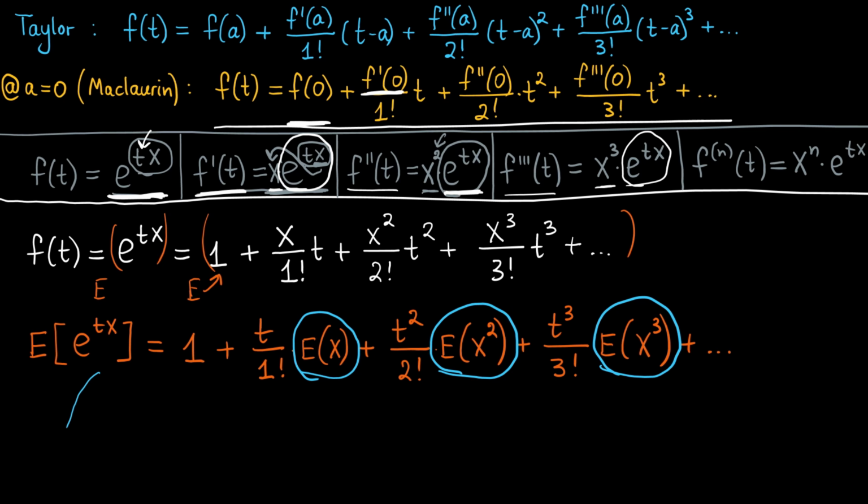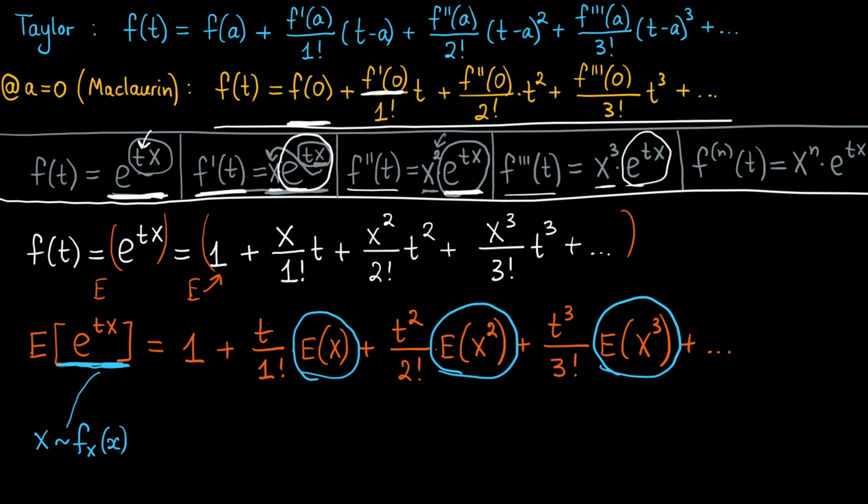So now let's take a look at what we have here on the left side. It's the expected value of a random variable that is a deterministic function of the random variable x. And in section 2.2 we covered LOTUS. And let's suppose that x is a continuous random variable with the PDF given by f of x.